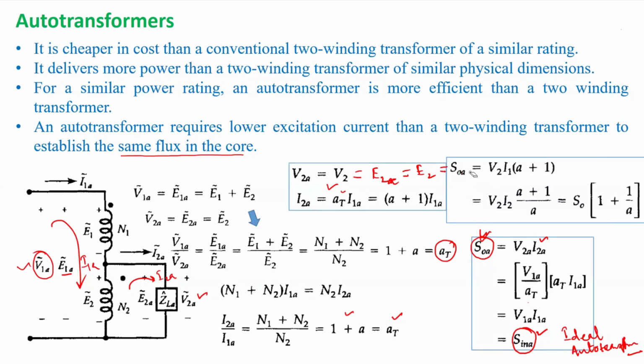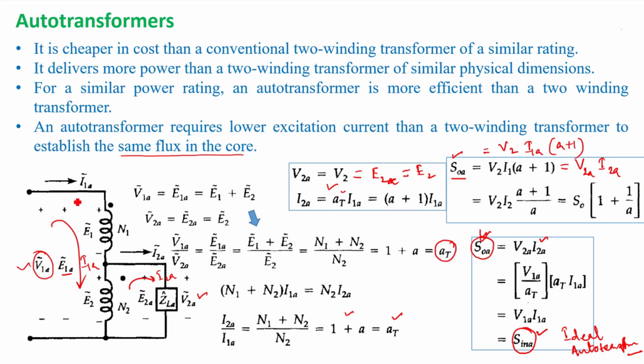Now if we write the apparent power for the auto transformer, that is SOA, it is equal to V2A into I2A. So by substituting V2A equal to V2 and I2A equal to (A plus 1) I1A, I can write it as V2 into I1A into (A plus 1), right?